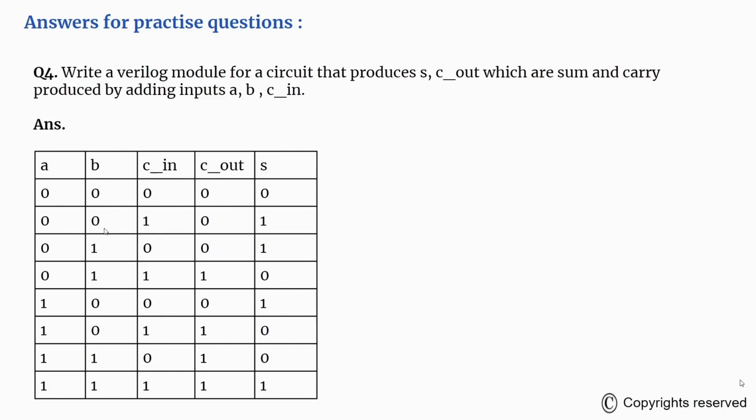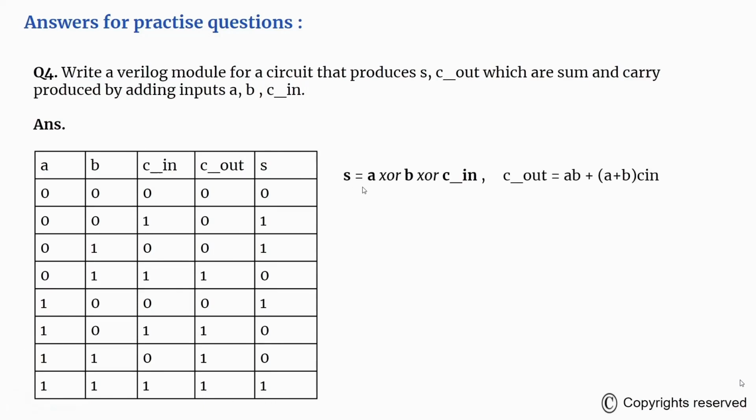When you add 0 plus 0 plus 1, you will get 1. 0 plus 1 plus 0 is 1. 0 plus 1 plus 1 is 2, so Cout S is 1, 0. 1 plus 0 plus 0 is 1. Again, 1 plus 1 plus 1 is 3, so Cout S is 1, 1.